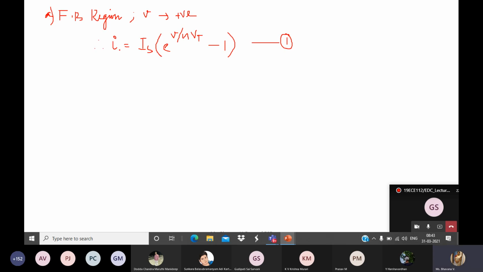Where small I is the diode current. Can you name what this is? Is, you have already studied in semiconductors. It is the saturation current. It is a constant. There is one more name for this saturation current.